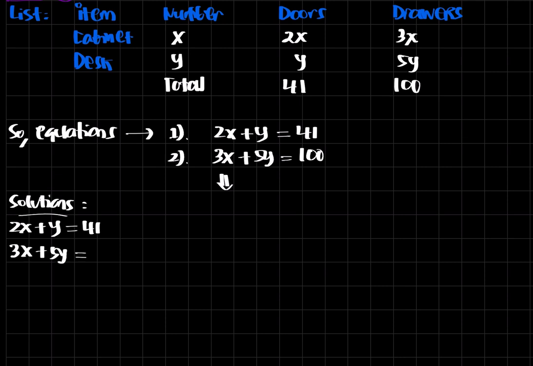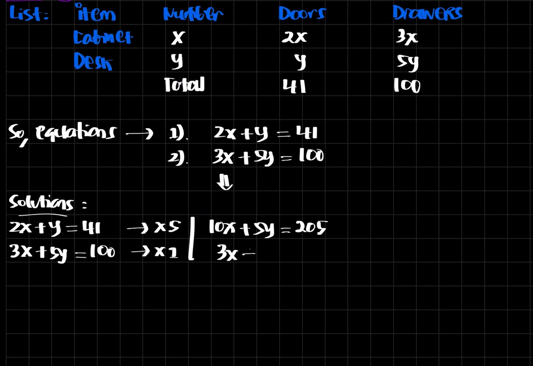Then you can multiply this by 5, and this by 1, so this equals 10x plus 5y equals 205, and this is 3x plus 5y equals 100.